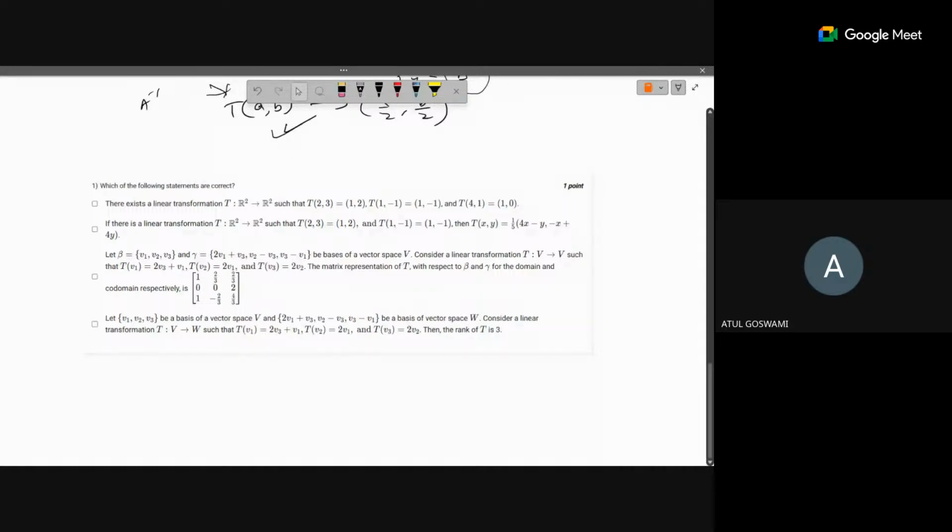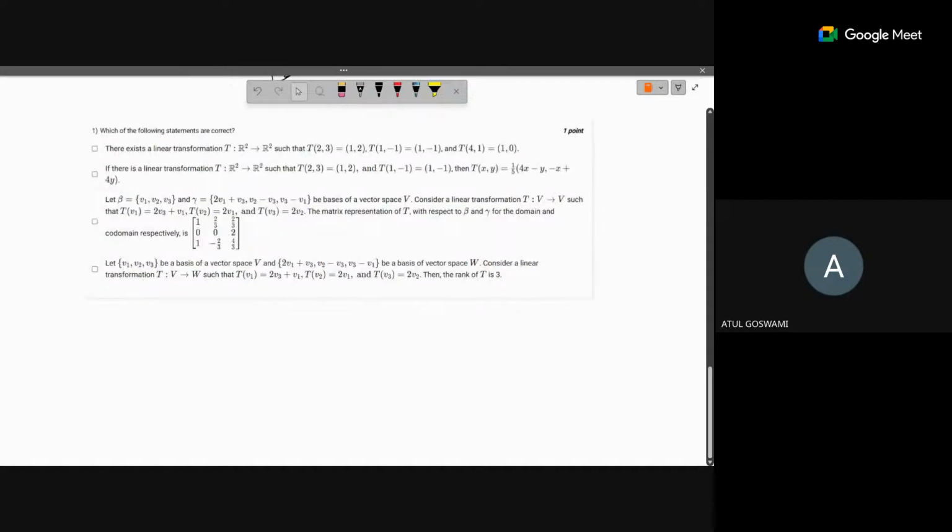I mean, has anyone solved this first option? No one has attempted this.